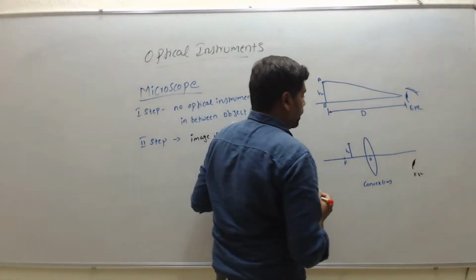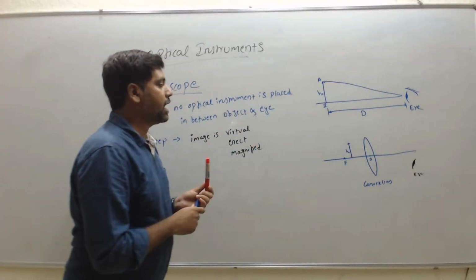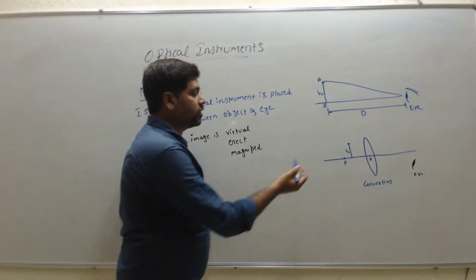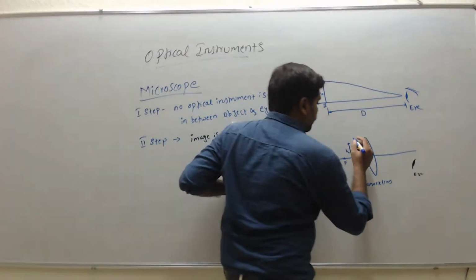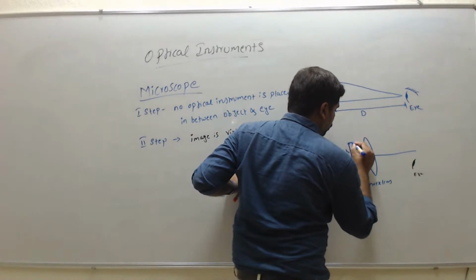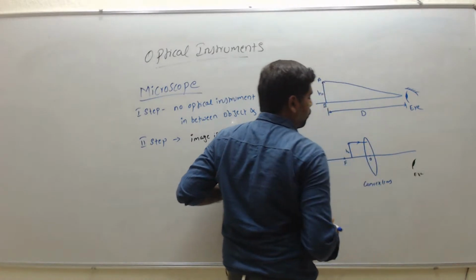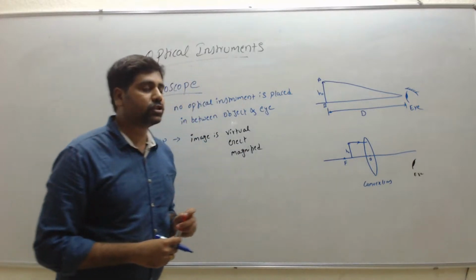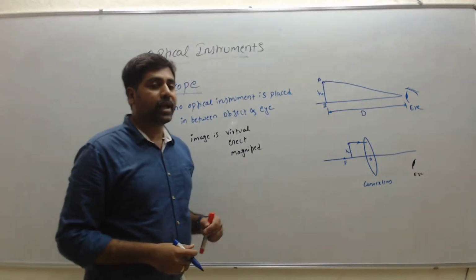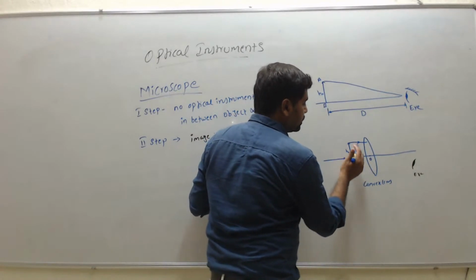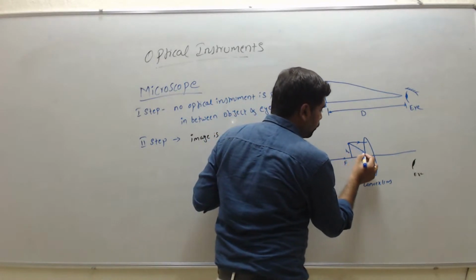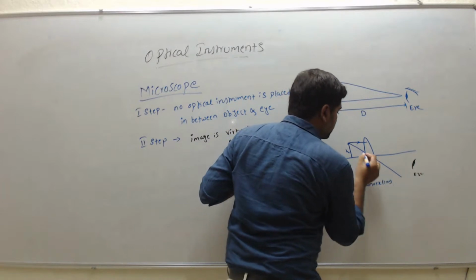By using the rays as we use in ray diagrams, that is, image formation in a convex lens, here we are going to take two rays. To find the image of an object, we have to take two rays: one ray parallel to the principal axis and another ray passing through the optic center.